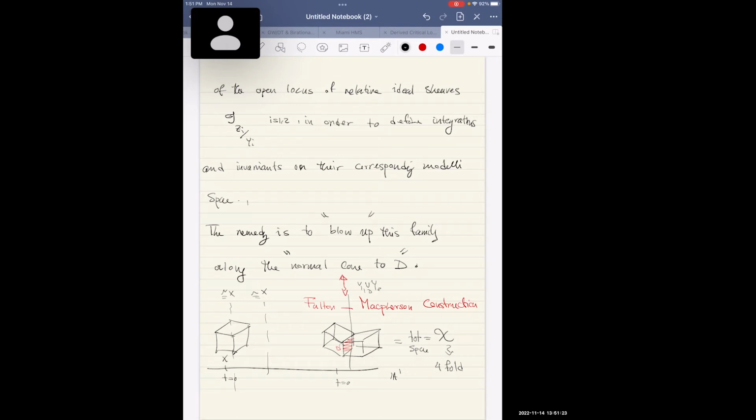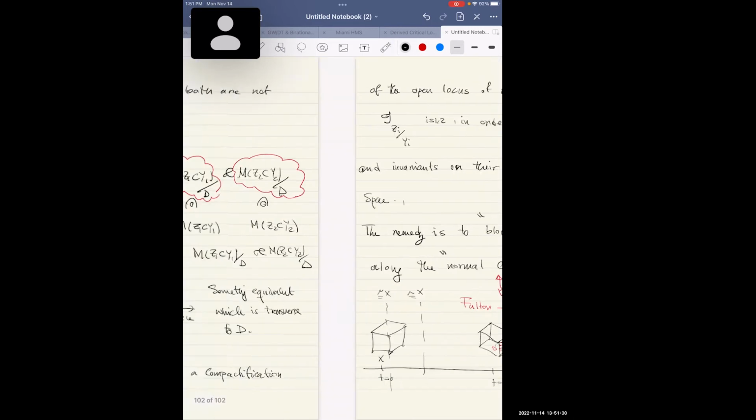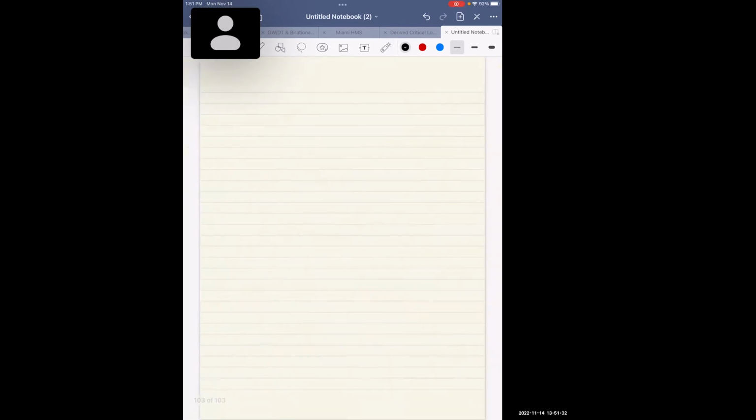So what you can do is the following. You can take the whole family, X times A1, and blow it up along D times the 0 point inside A1.